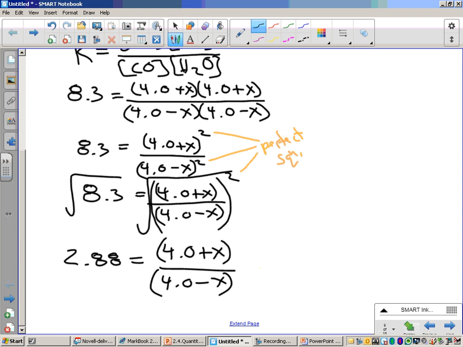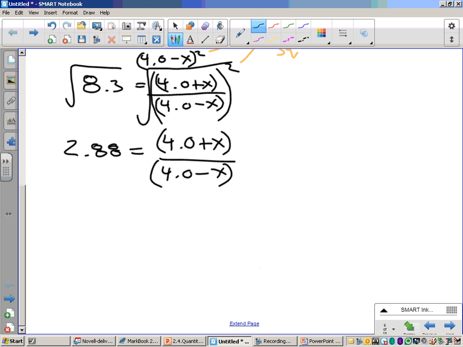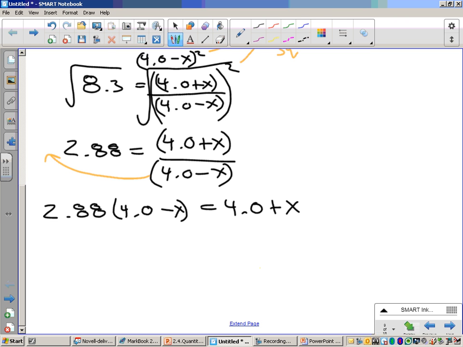Usually on the board I'd move it up into this location, but I'm going to continue to just extend the page and work my way down. So 2.88 times (4.0 minus x) equals 4.0 plus x. See what I did there? The maneuver was bring that up, multiply it on the other side.